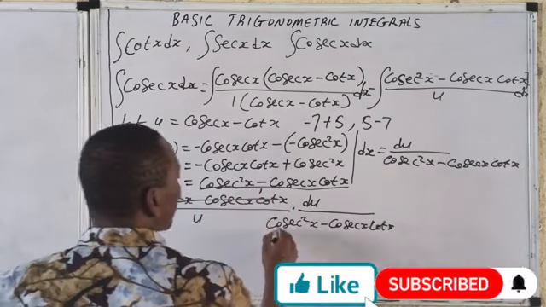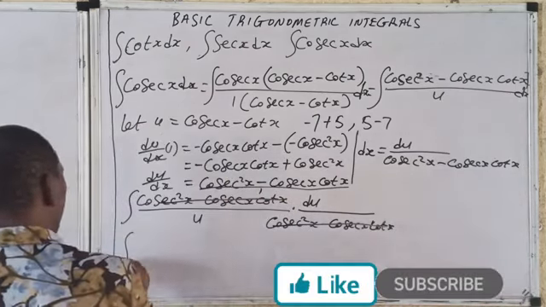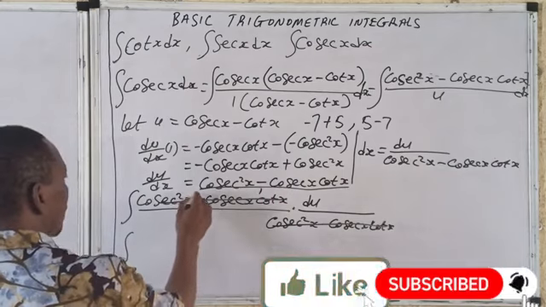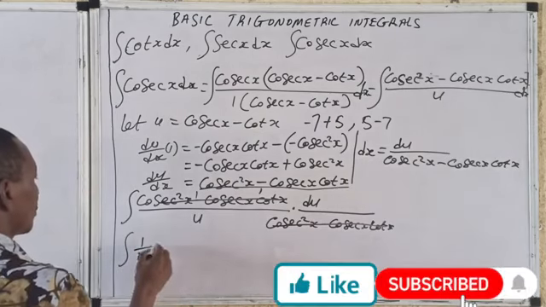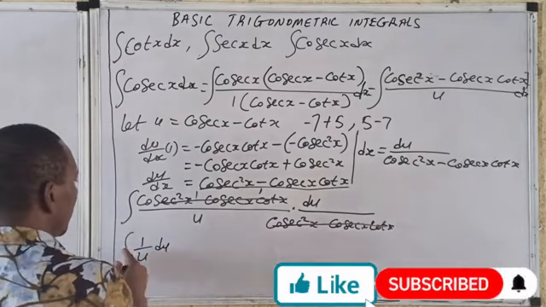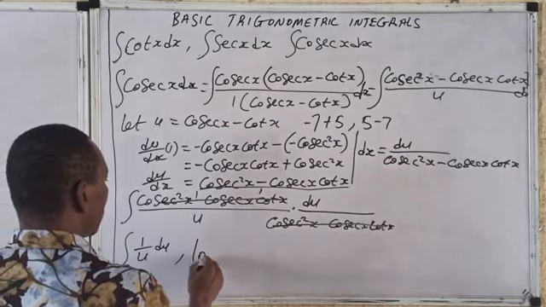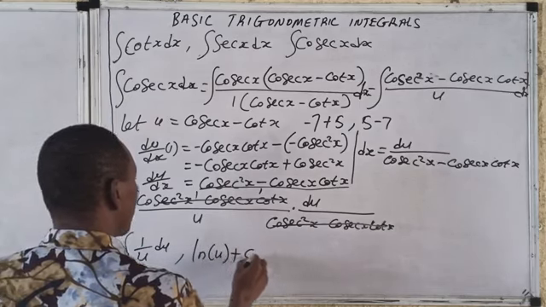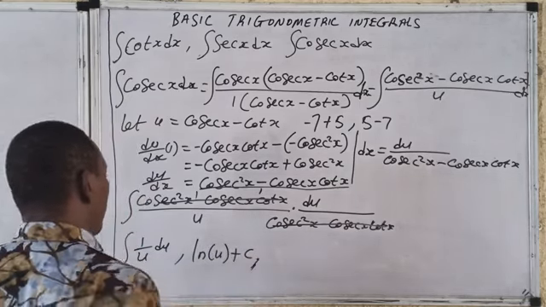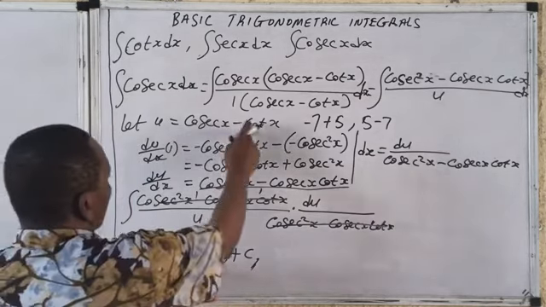Definitely, this will cancel out this. You now have the integral as 1 all over u, du. Integrate this, you have u plus c. What is actually u? U is this.